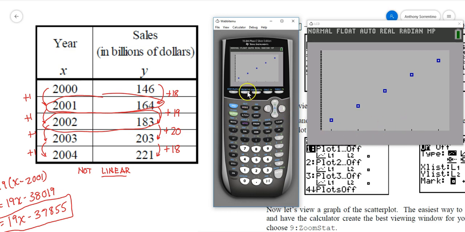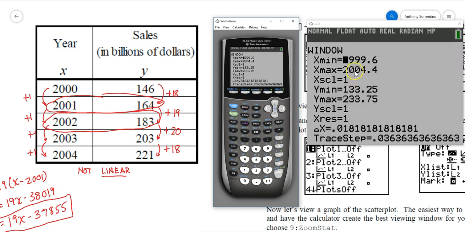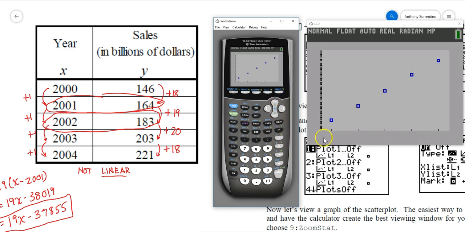If I looked at the window, it's starting at 1996, and the max is at 2004. The X minimum is not even negative. The same thing with the Y min. You could change that if you want to see a better idea of what the graph looks like. But for our purposes, this is my scatter plot.